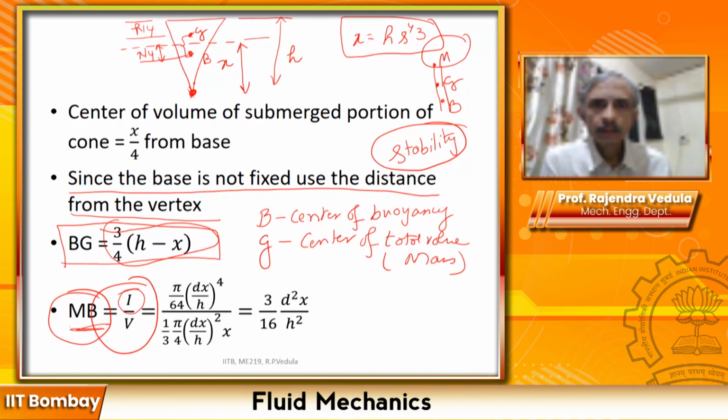I is the moment of inertia of a circle with diameter, if I call this D1. If you look up a table, the moment of inertia is pi D to the 4 by 64.